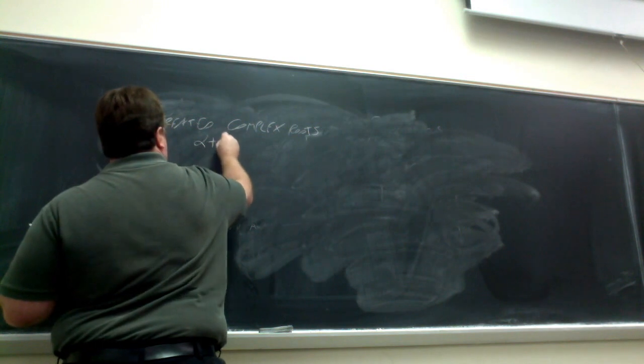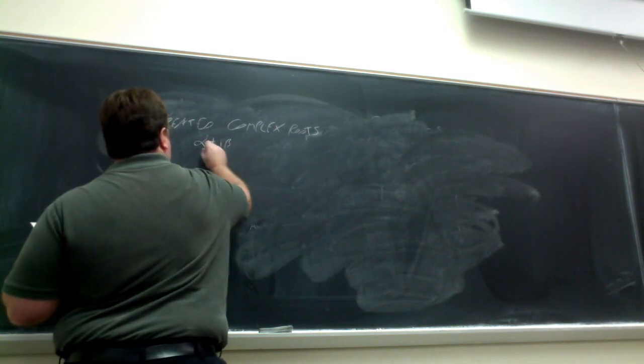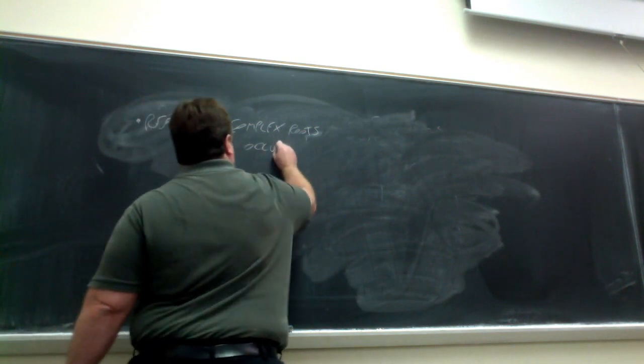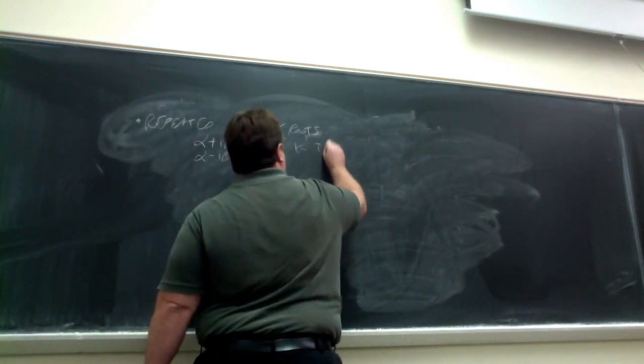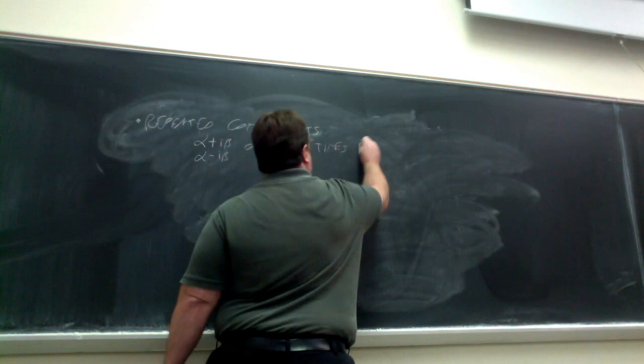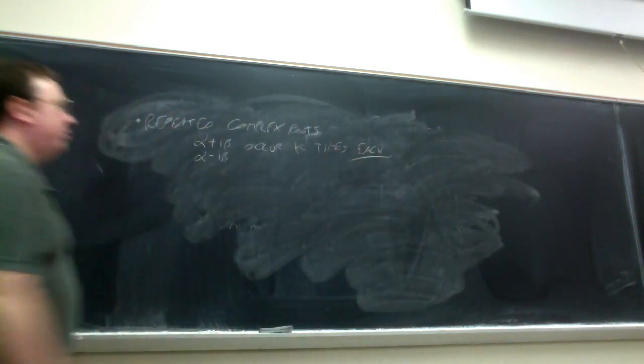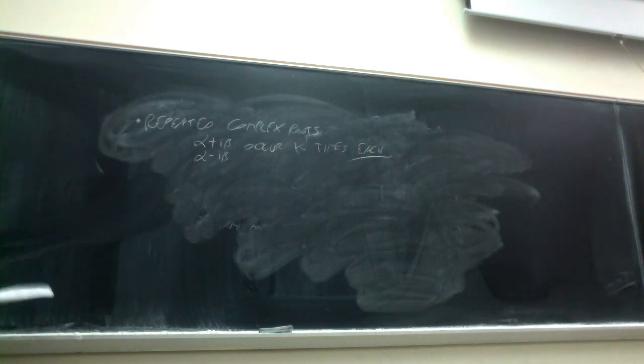All right, so if you have a situation where alpha plus i beta and alpha minus i beta occur k times each, in other words, you have 2k roots total that we're talking about.